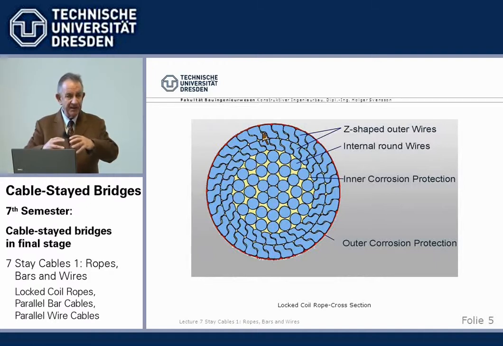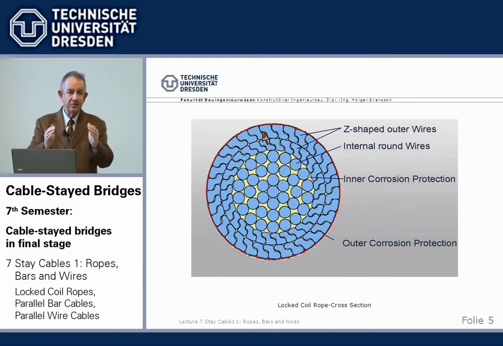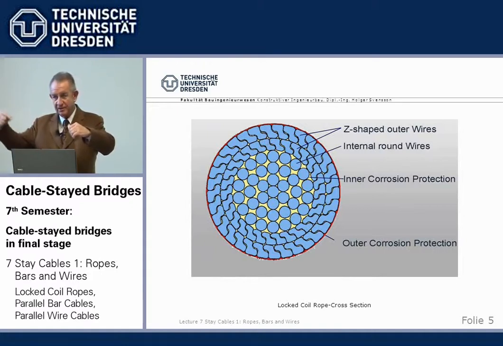And by that, a locked surface is created, which prevents penetration of water and so on. And that's why they are called locked coil ropes. They are coiled, helically wound, and they have a locked surface.